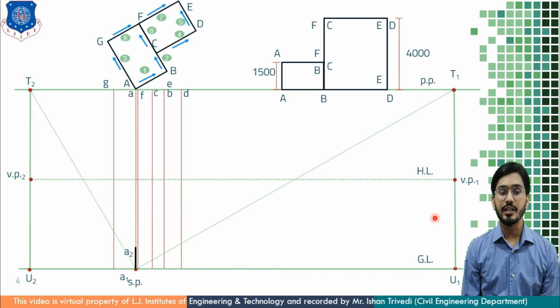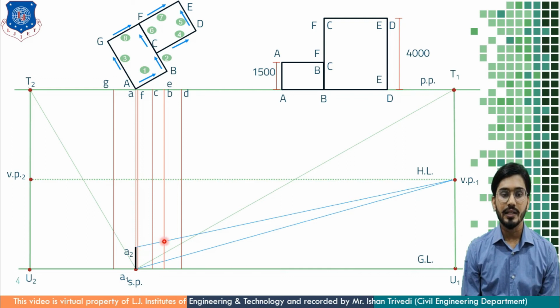So from A1 and A2, I'm going to draw merging lines connecting towards VP1, and these lines are going to meet at the B point. Here it is B1 and B2 point. You can see these lines are passing through the B line, and that's why I'm getting B1 and B2 points. It is very simple. I'm just highlighting this part. The rest of the lines are just reference lines, so you can keep these lines as light as possible.